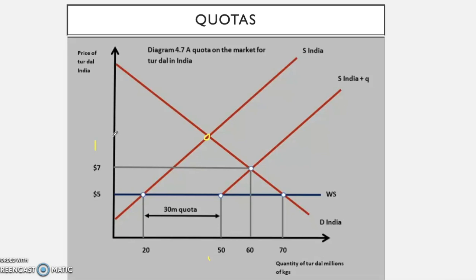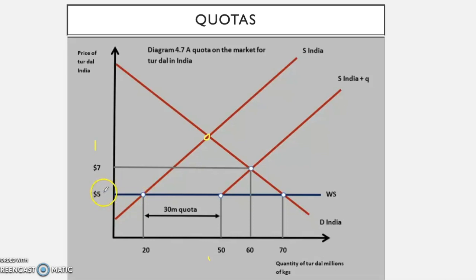However, because of international trade, there is something that is called the world price. So what is the world price? Any price that you pay outside of your domestic market, that is what we would consider to be the world price. So that's the next line that we need to put in when you're constructing your graph.